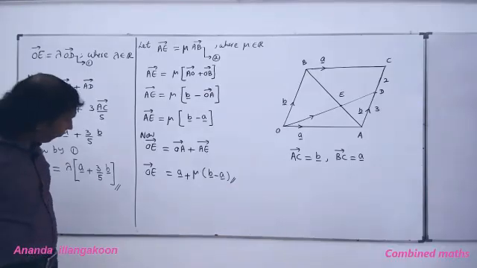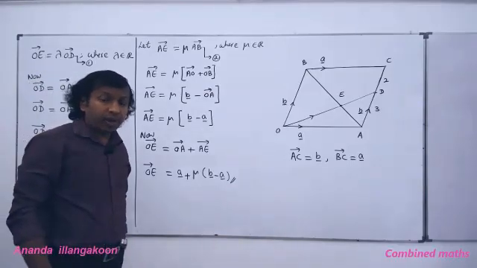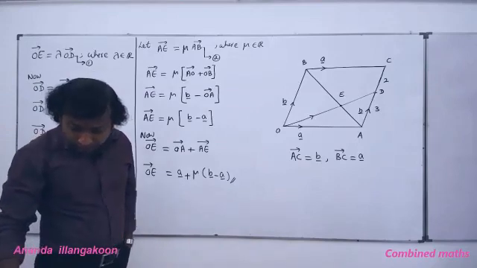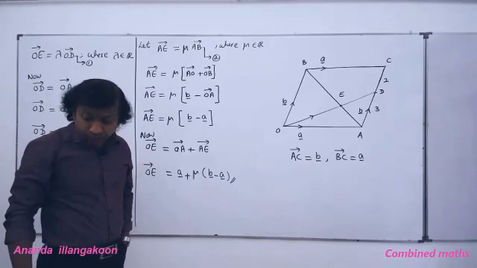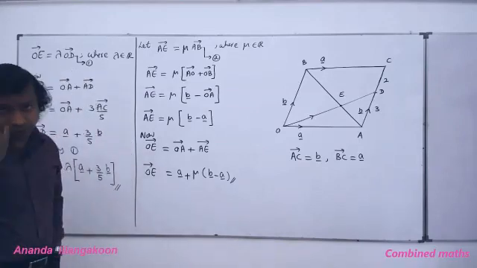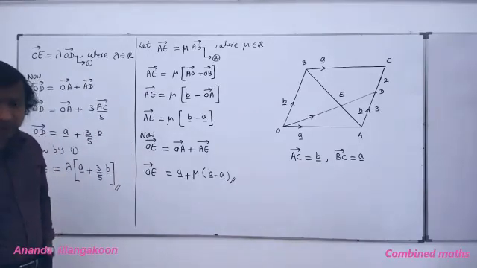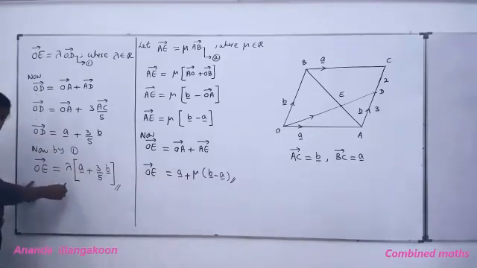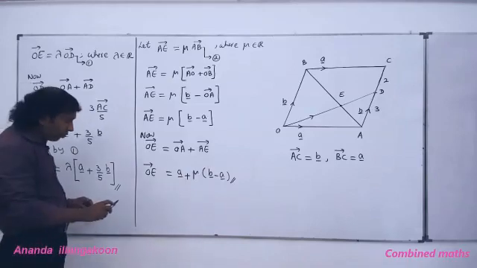The next part is that we have to find this lambda and mu. And not only that, we also need to find the OE:ED ratio and the AE:EB ratio. To find these lambda and mu figures, this is what I am going to do. You can see very clearly that the first expression we obtained is for OE, and the second one is also for OE.